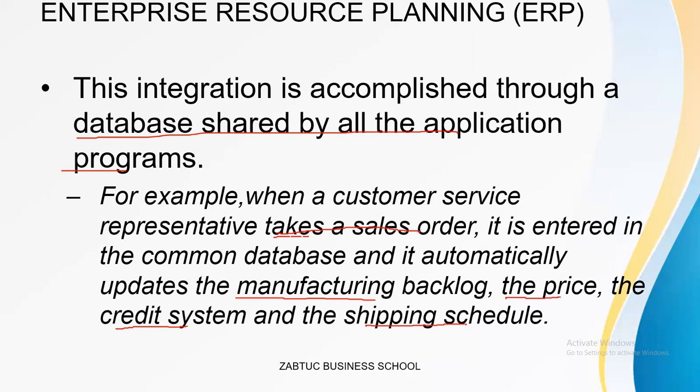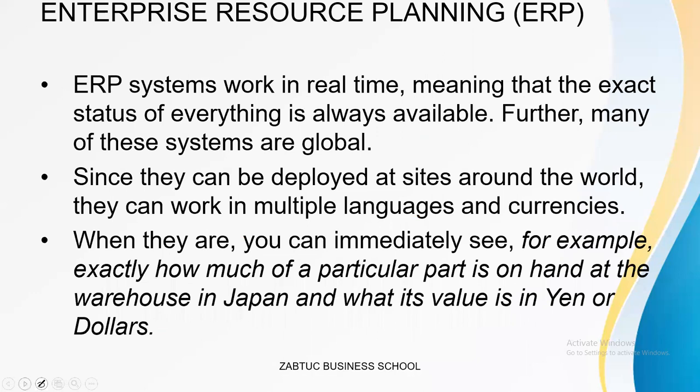All those are updated by a single entry. So that's what happens in an ERP. ERP systems work in real time. That's very important, isn't it? Because it means that information is updated there and then.